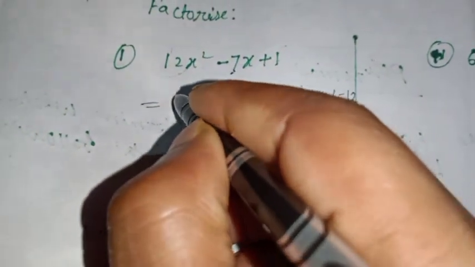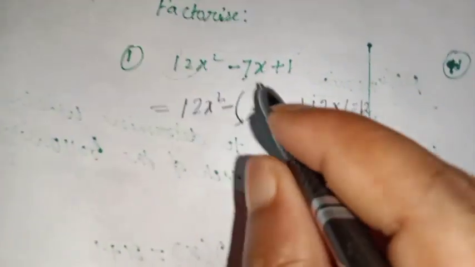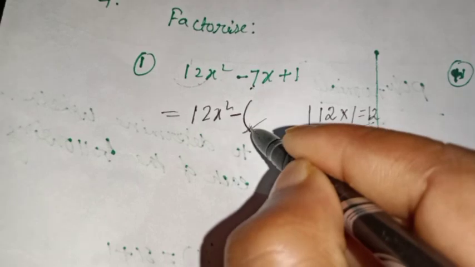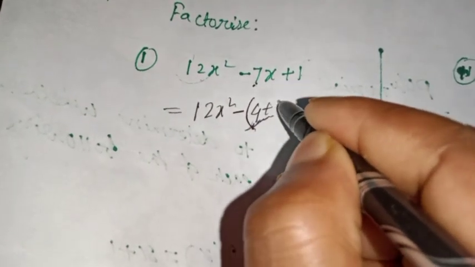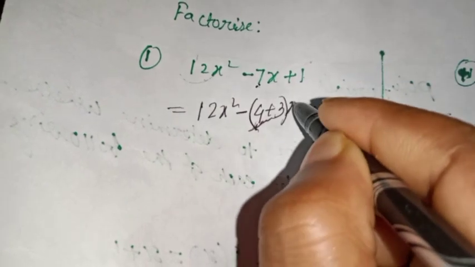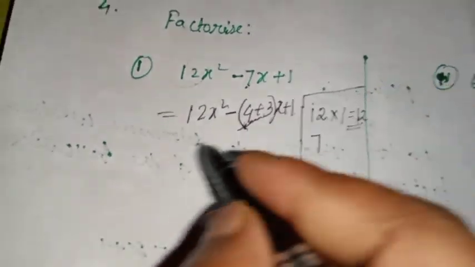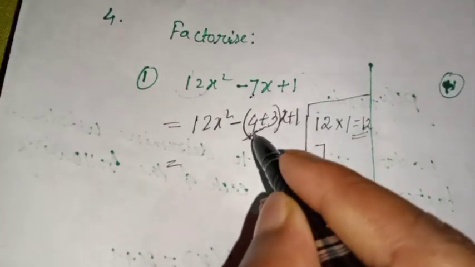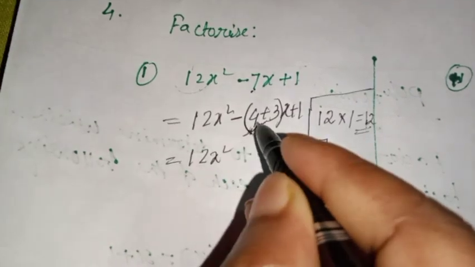So here we got, this is minus, under bracket you write in the place of 7, 4 plus 3. What is left? 1. Clear? Now see, this is 4 plus 3, this is bracket. So what is left here? 12x square. Now take out the bracket.